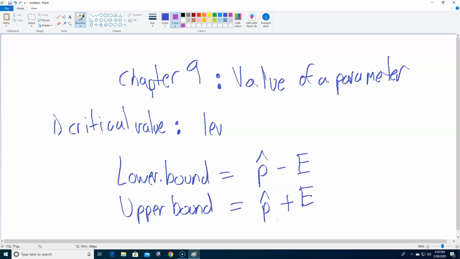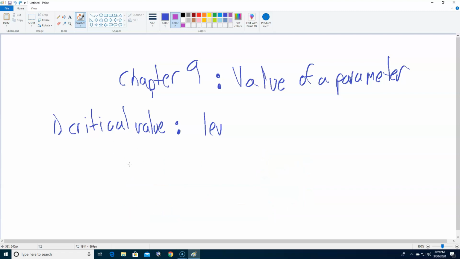And the last thing we're going to talk about is estimating a population proportion. There are two different formulas. The first one has a proportion, so this is the one with a p hat.